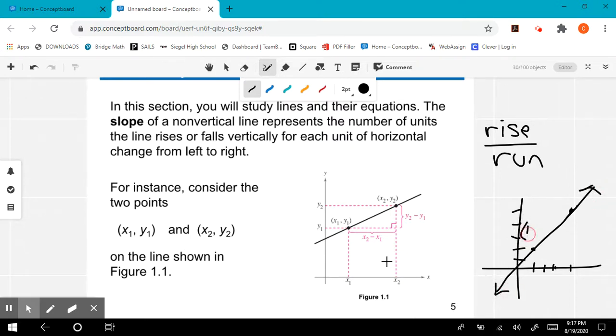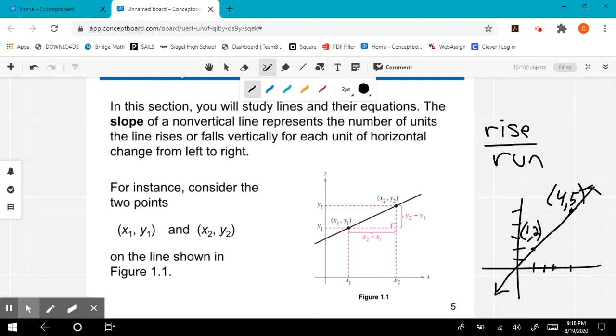If I wanted to know how much this line goes up from here to here, it goes from 2 on the y-axis up to 5 on the y-axis. So to find out how much it goes up, you would just simply subtract, right? 5 minus 2, it goes up 3 units.